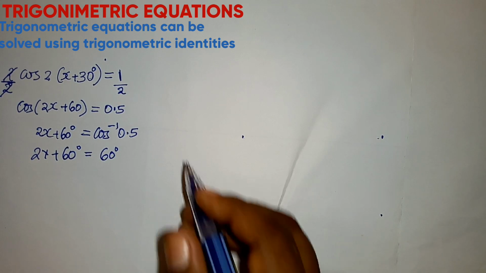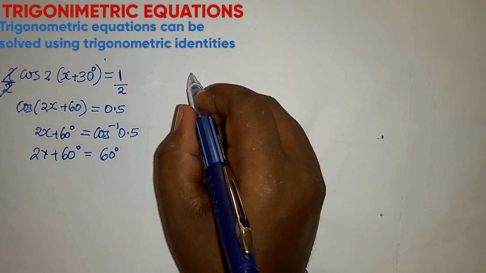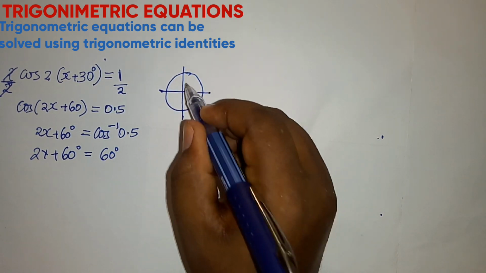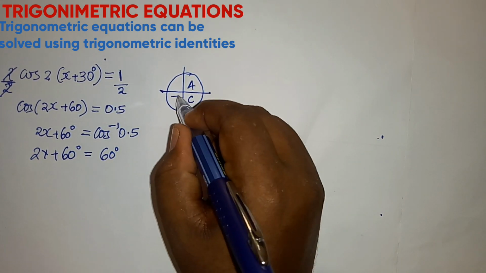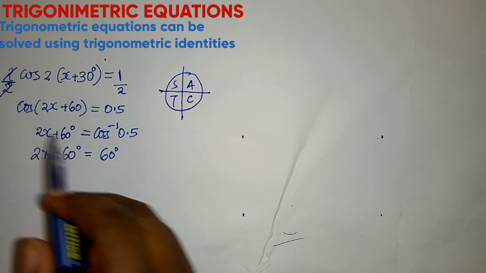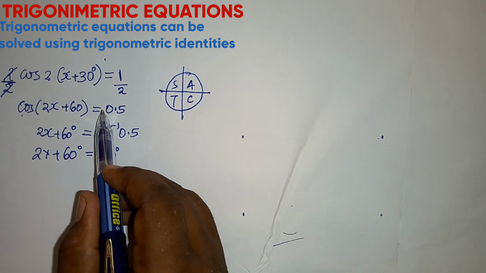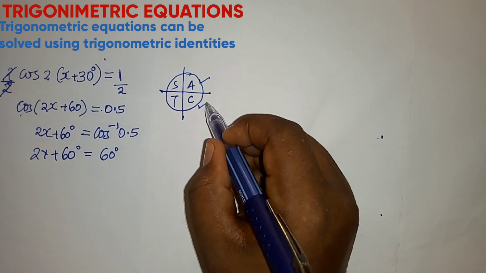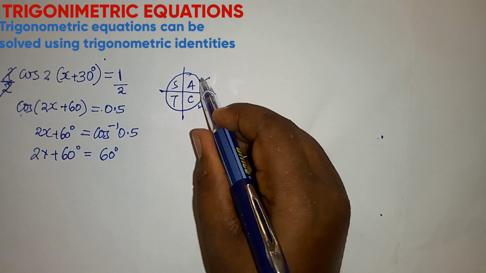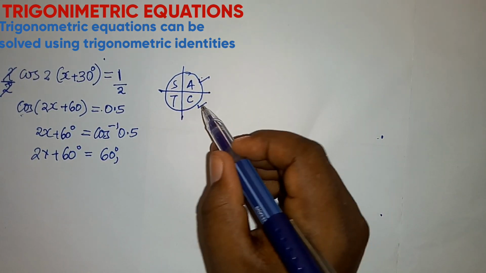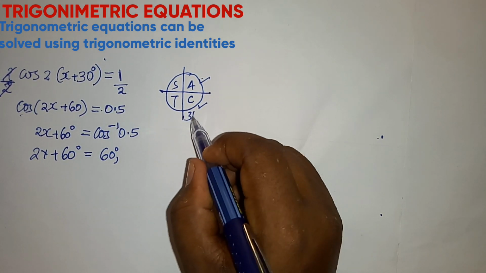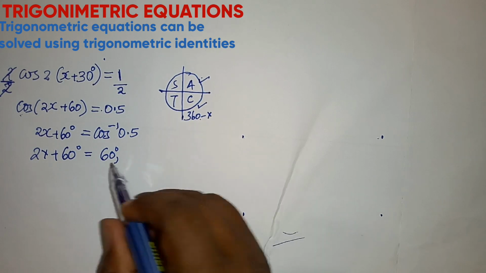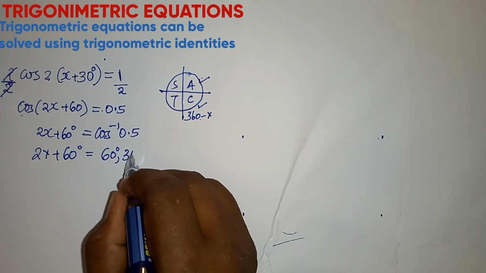Okay, now if we look at the unit circle, remember ACTS, the cosine is positive only in the first quadrant and the fourth quadrant. The angle in the first quadrant is 60. The angle in the fourth quadrant will be 360 minus 60, which is 300.